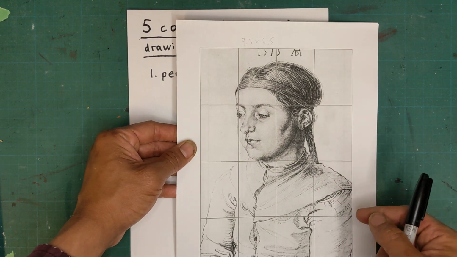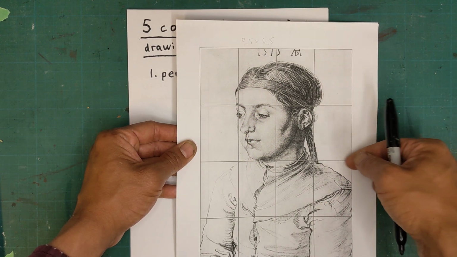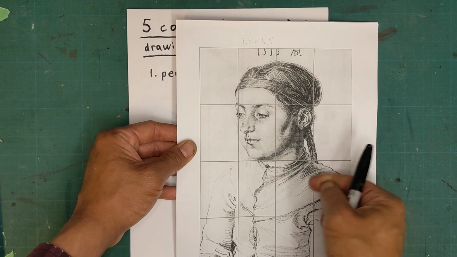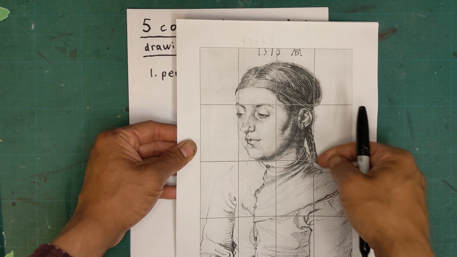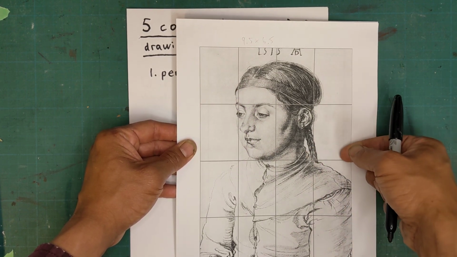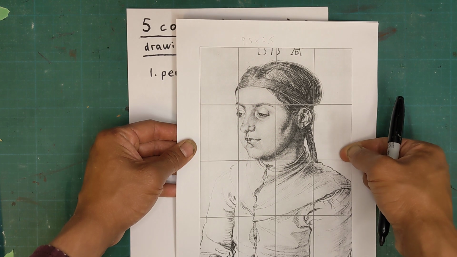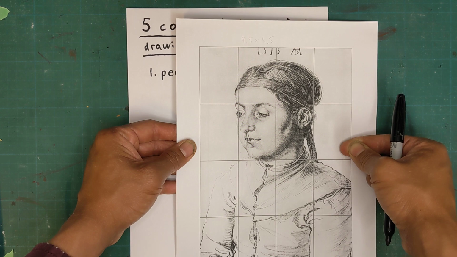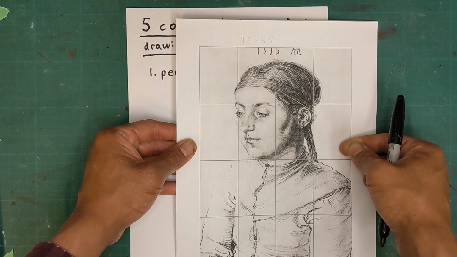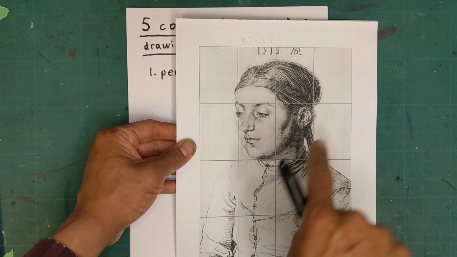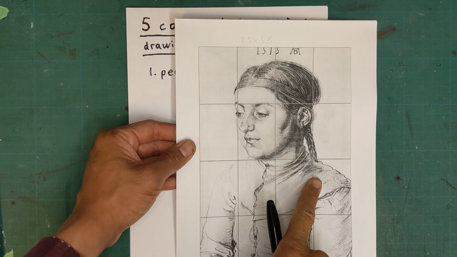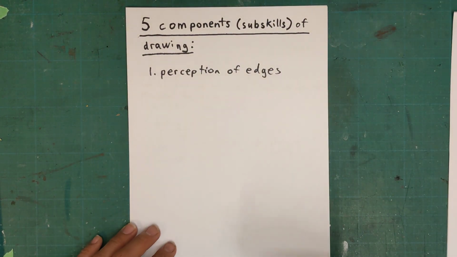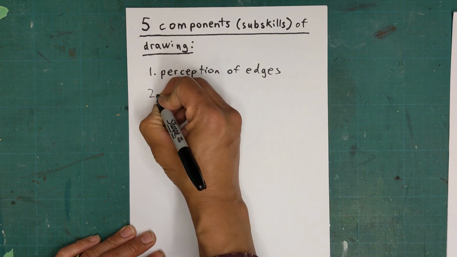And being aware of this side of an edge and this side of an edge. They share the same edge, but sometimes looking at the outside, as we talked about, which is the negative space, will give you a more clear and objective understanding of that edge than this side on the positive space, right? Okay, perception of edges.